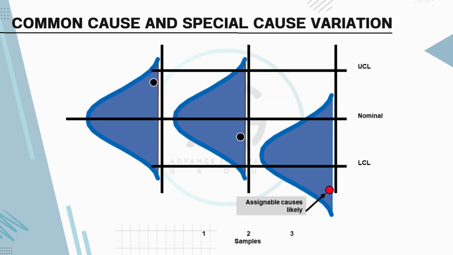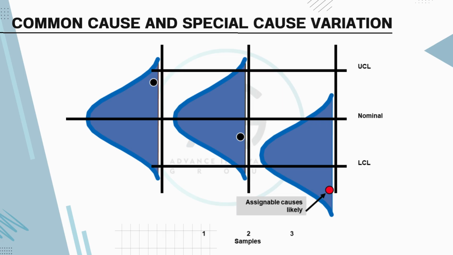This diagram illustrates the concept of process variation, specifically differentiating between common cause and special cause variation in quality control. Each of the three curves represents a distribution of process data over 3 sample periods.